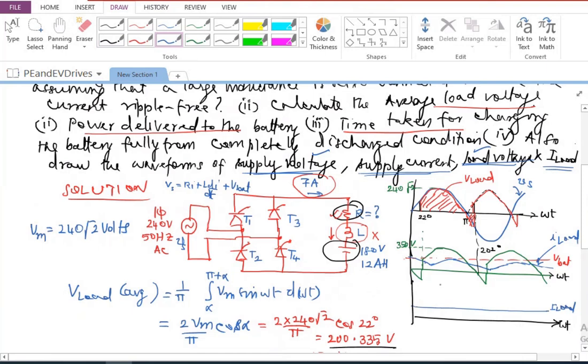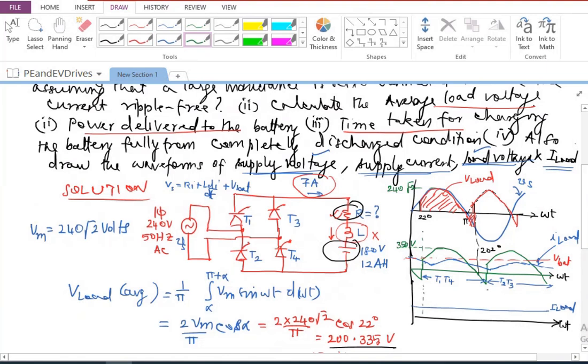But I can say from here till this point, I'm going to have T1 and T4 conducting. And from here until this point, it is going to be T2 and T3 conducting. And whenever T1 and T4 are conducting, I am going to have the current exactly in the positive direction.